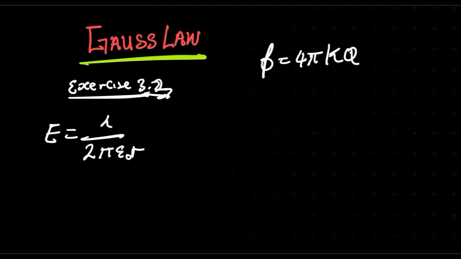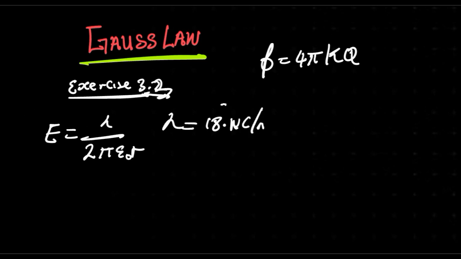When you are given a relative permittivity, just multiply epsilon naught and the relative permittivity together. Our lambda is the line charge density, 18.0 microcoulomb per cm.